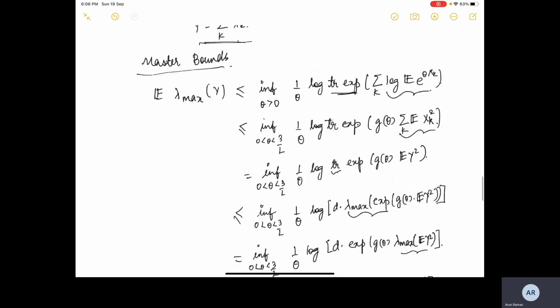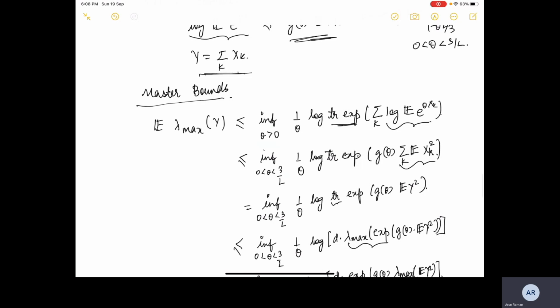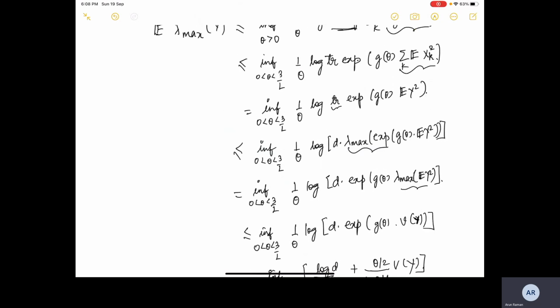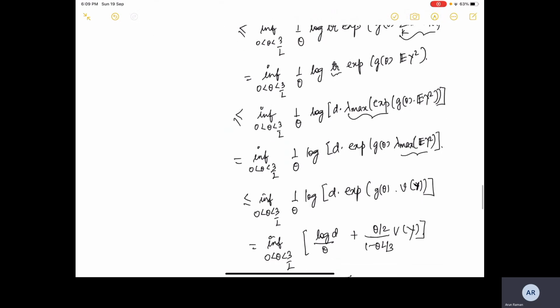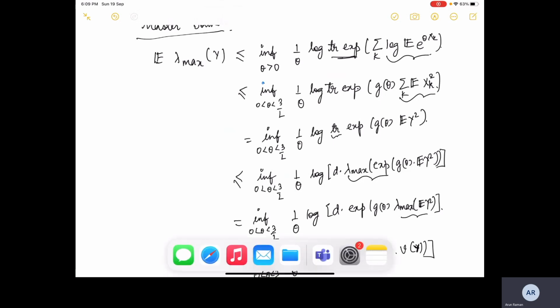We have to find bounds on the CGF, then substitute those bounds in the master bounds, then use monotonicity of trace, and so on. These are the main ideas, and just remember that when we have to extend the bound found for Hermitian matrices to general matrices, we will use the concept of Hermitian dilation, and it will work out. We are not really concerned about a lot of details here. So that will be all for today.